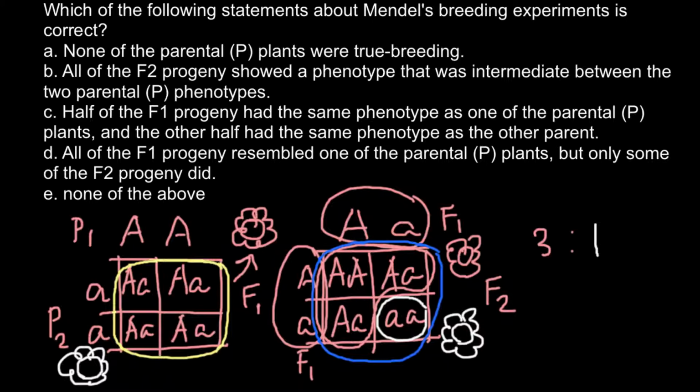So now we can return to our answers, and answer E we can cross out, none of the above. There is a correct answer present. So answer A, none of the parental plants were true breeding, and this is not so, because what is true breeding?